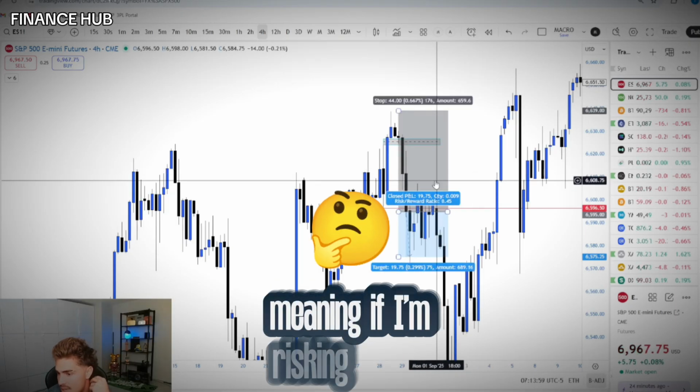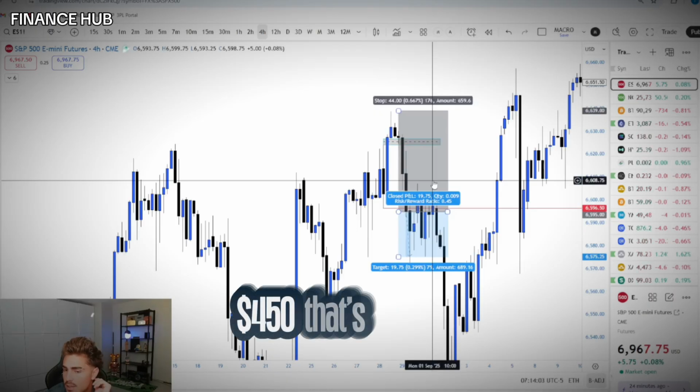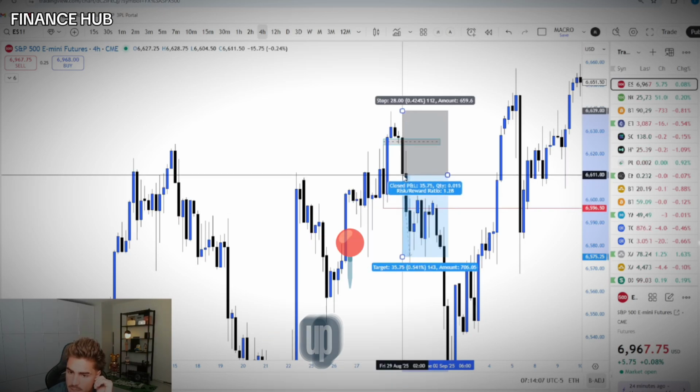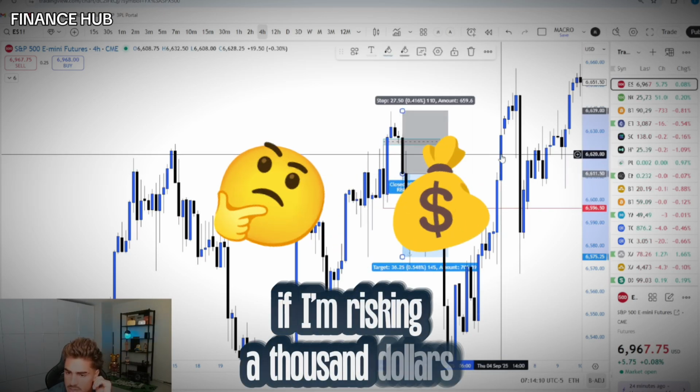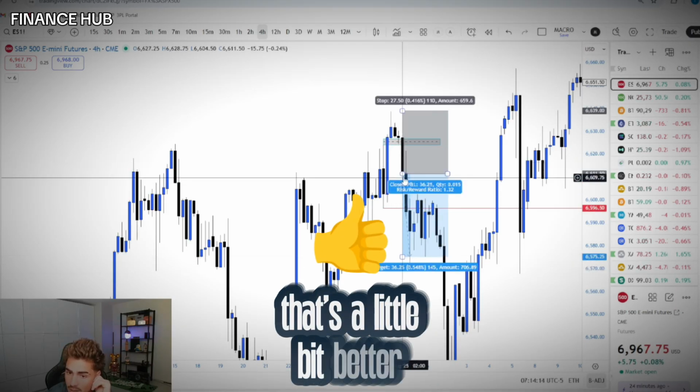Meaning if I'm risking $1,000, I'll only be able to make $450. That's horrible, right? Versus if I take this trade up here, if I'm risking $1,000, I'll be able to make $1,300. That's a little bit better.